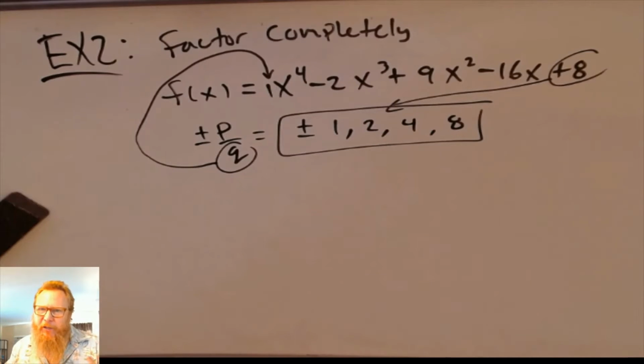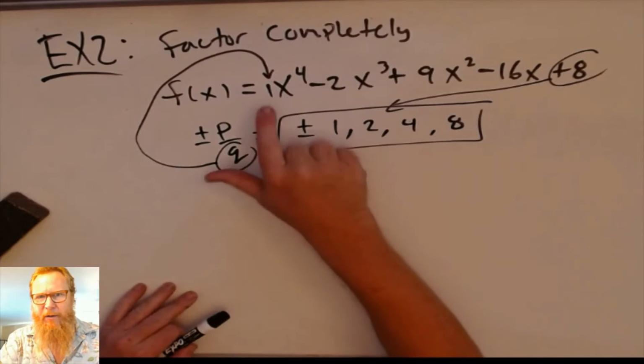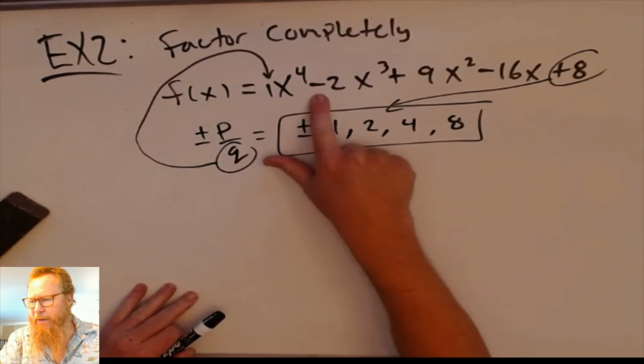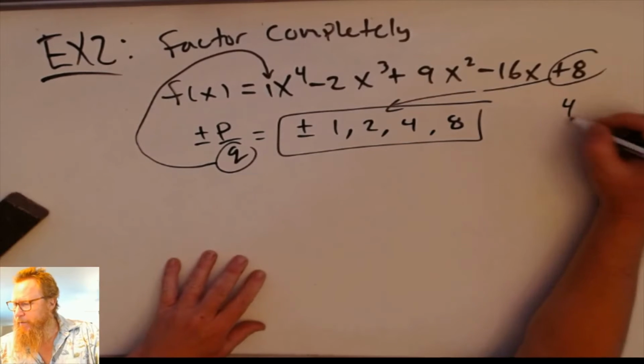If you want to use Descartes' rule, I don't know if it really helps in this case, but we could do it really quickly. I'll just talk my way through it. 1, 2, 3, 4 sign changes.